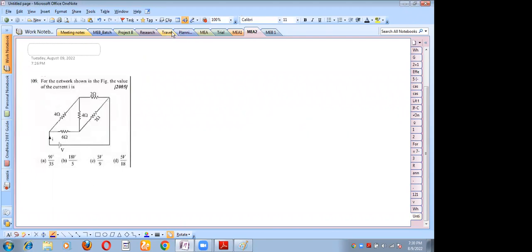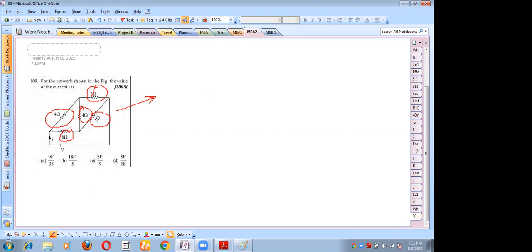Any idea? This is basically a Wheatstone bridge, right? You don't go through directly. If you see how to identify a Wheatstone bridge, the product of opposite resistors: 6 into 2, 12, and this is also 12. So this can be removed, right?